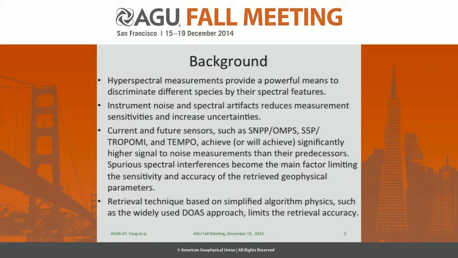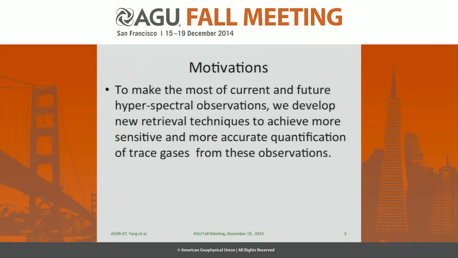which I'll show some examples of. We wanted to reduce that, and as more information becomes available from the measurement, we also have to improve the algorithm or the algorithm physics to achieve better results. So obviously we wanted to make the most of the current as well as the future hyperspectral observations.